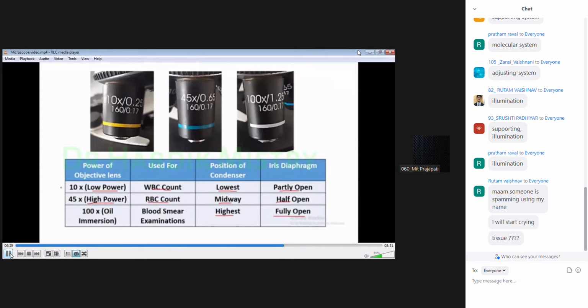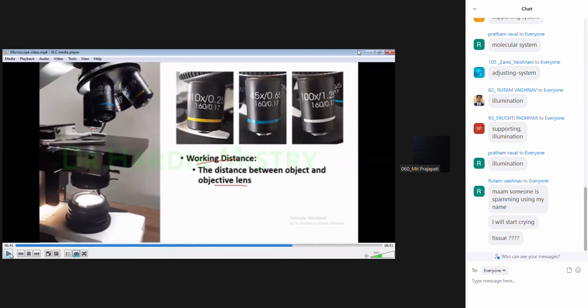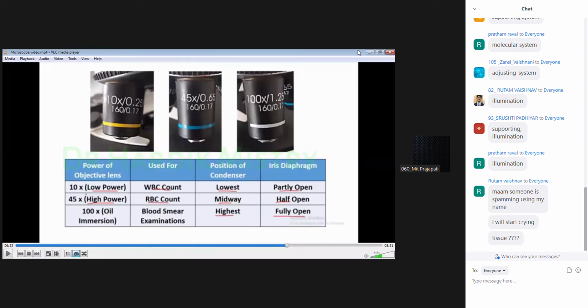So these are the settings whenever we are using 10x lens, 45x or 100x lens as objective lenses. We have to change the position of condenser and iris diaphragm according to their power. So here you have come to know about the use of the objective lenses, that is only for hematology.